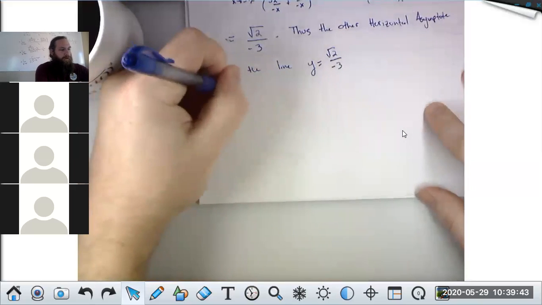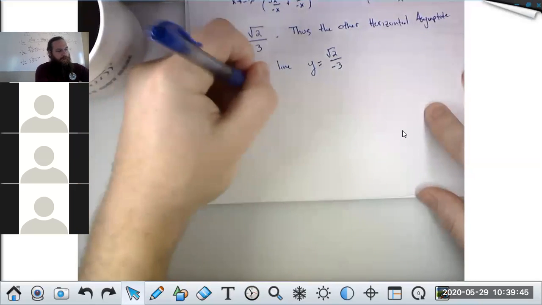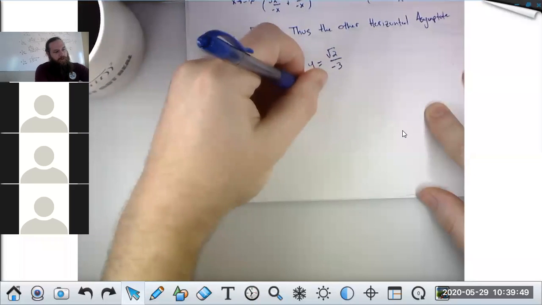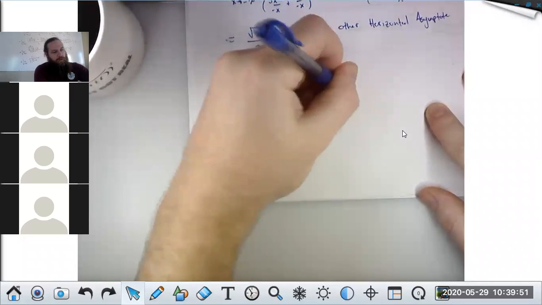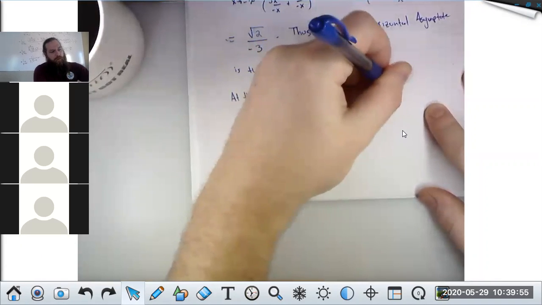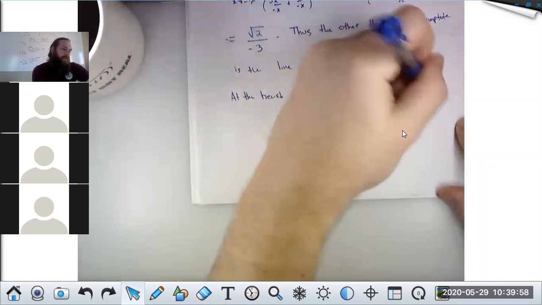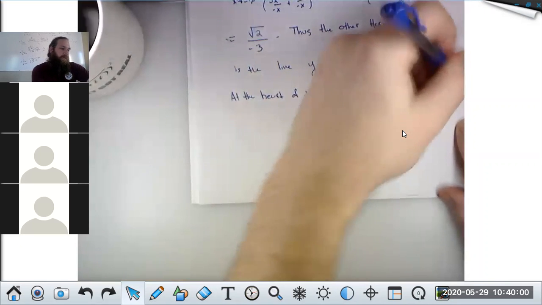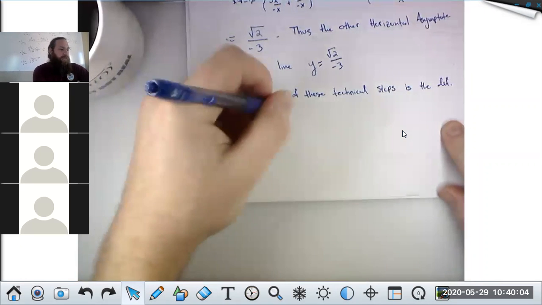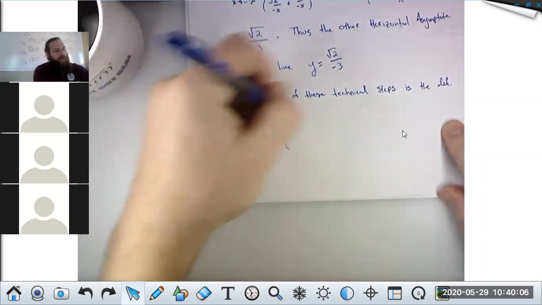So at the heart of these technical steps is the definition of the absolute value function. And maybe you haven't seen this.